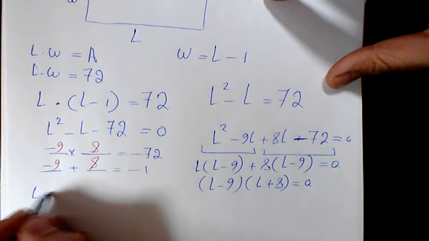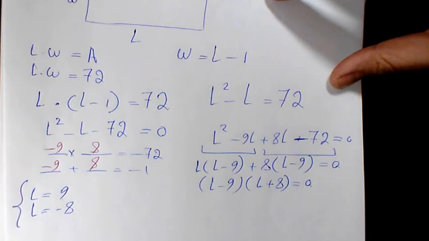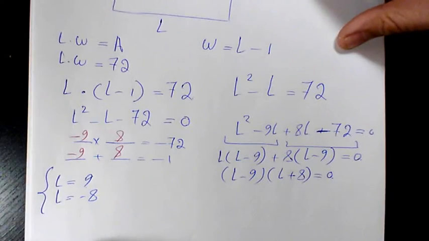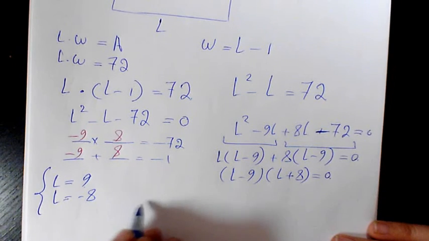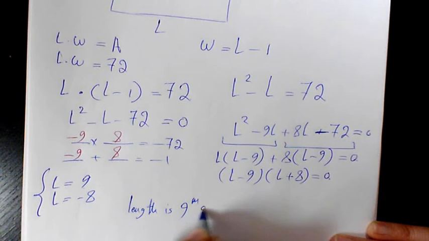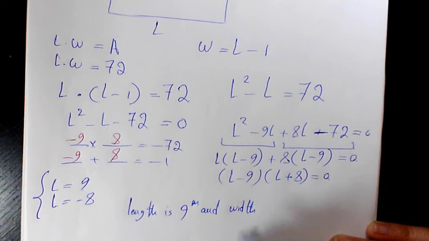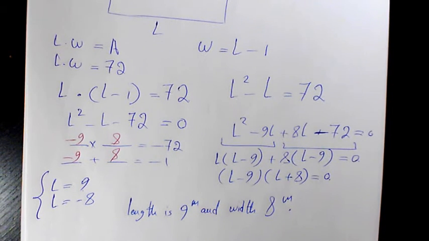So you have two answers: L equals 9, L equals negative 8. Again, we cannot accept negative 8, we accept 9. So length is 9 meters and width, since it's 1 less than length, is going to be 8 meters. Pretty straightforward.